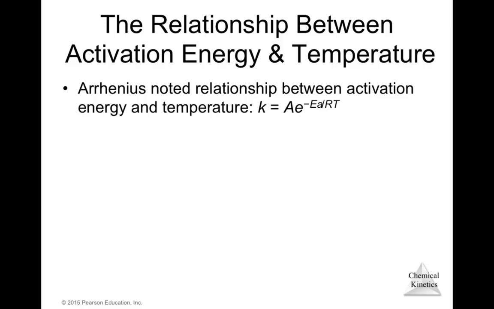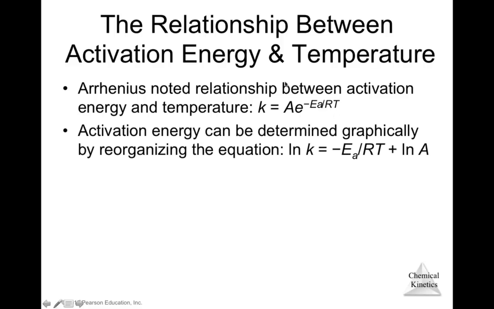Now, if we apply the natural logarithm to this equation, we're going to find something like this: the natural logarithm of k is equal to minus Ea over RT plus the natural logarithm of A. And this is basically equal to the line equation once again.